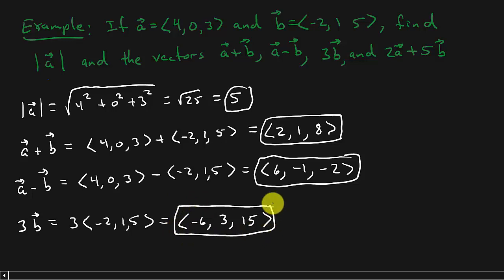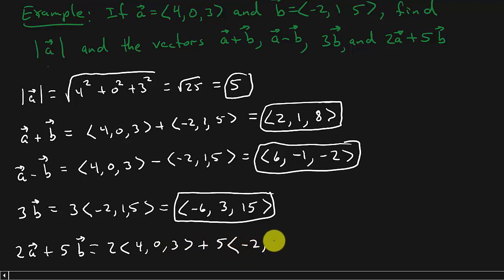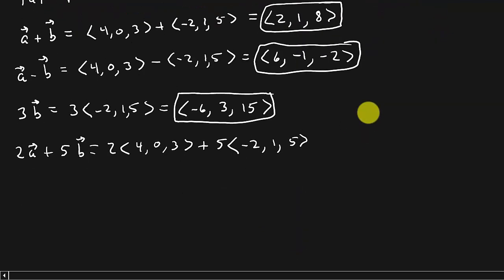All right. And then the last one is 2 times vector A plus 5 times vector B. So that's going to be 2 times 4, 0, 3 plus 5 times negative 2, 1, 5. Now, what we want to do here is let's multiply by the scalars first.